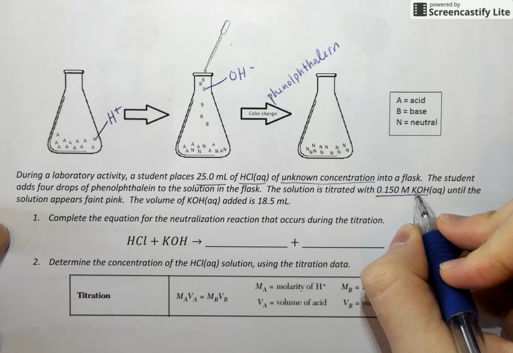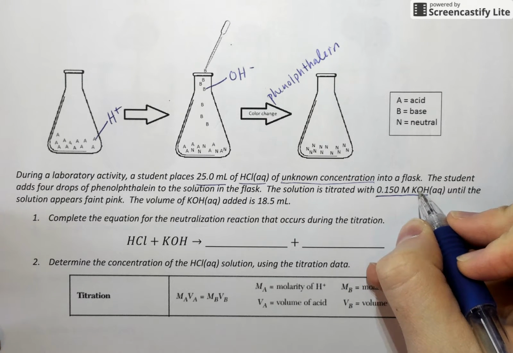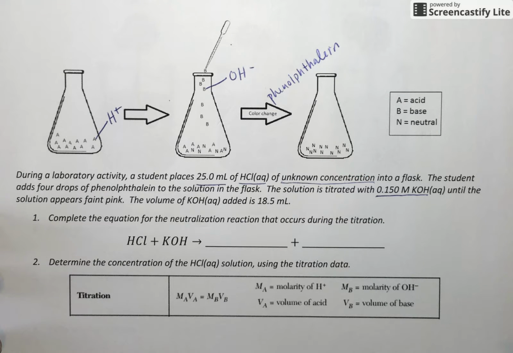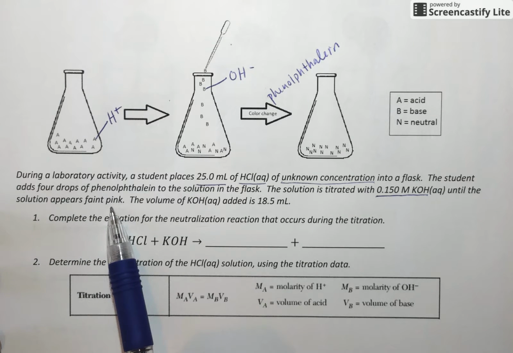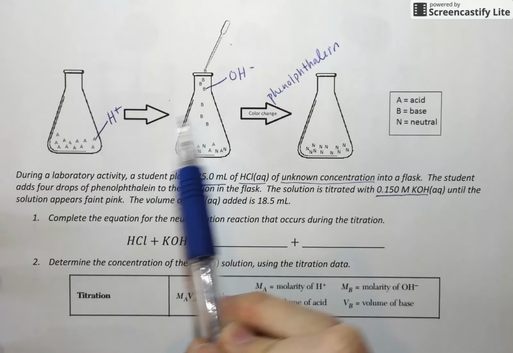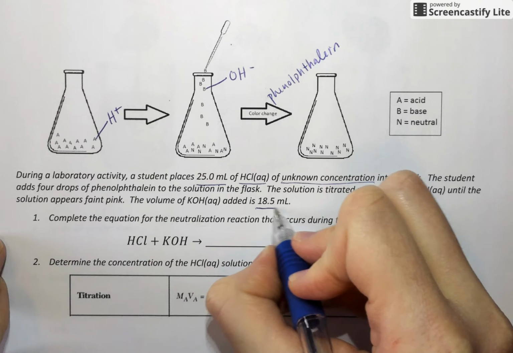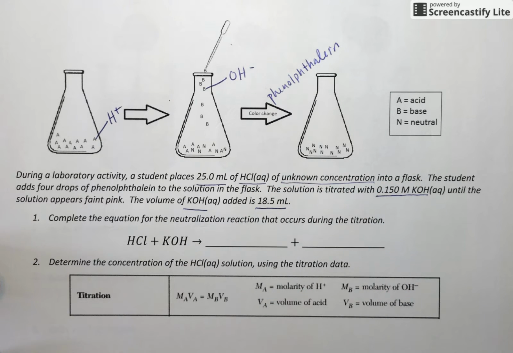So we know exactly the concentration of OH minus ions in what we're adding into our flask. And we add until it appears a faint pink, so phenolphthalein is starting to change color. We know we must be complete with our OH minuses canceling out our H pluses. And it takes 18.5 milliliters of KOH to make that change.